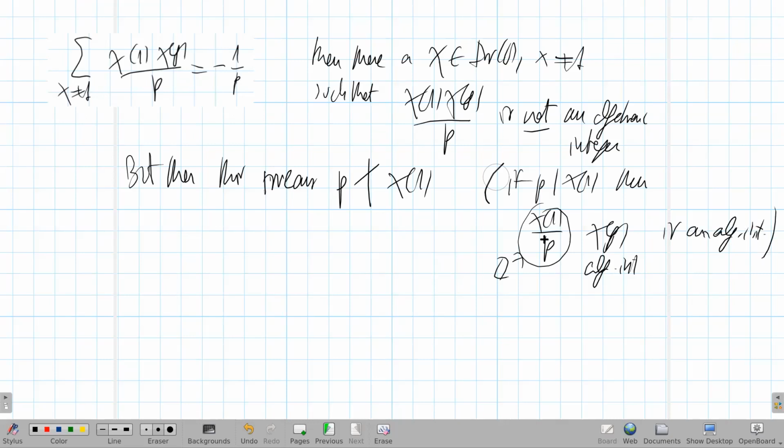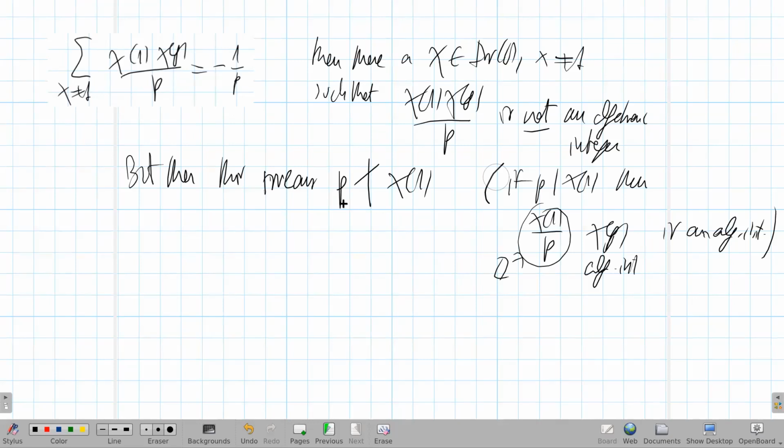It's an apparent fraction, as we say. We have repeated this several times. Since the sum is not an algebraic integer, one of these is not an algebraic integer. And this will mean that for that particular chi, p does not divide chi 1.